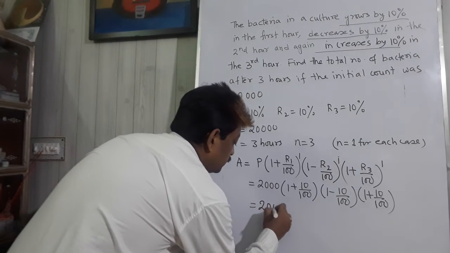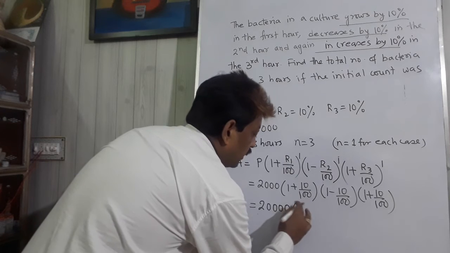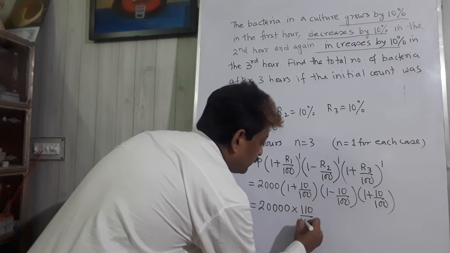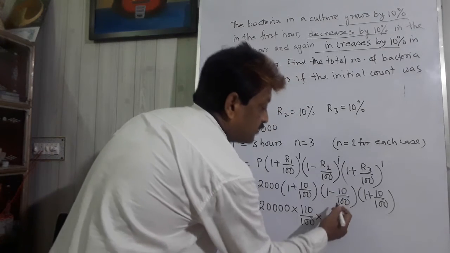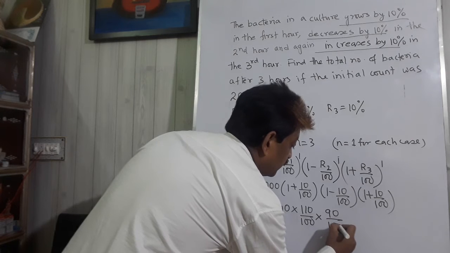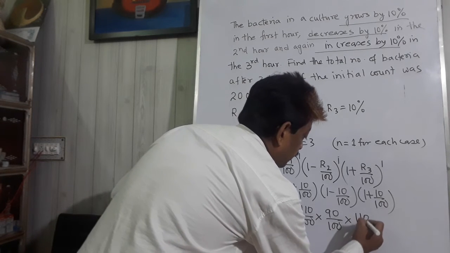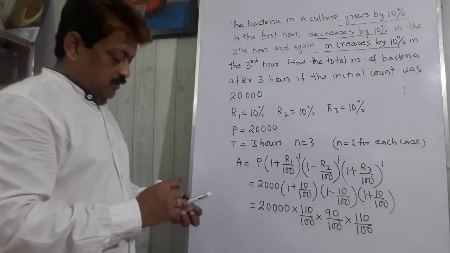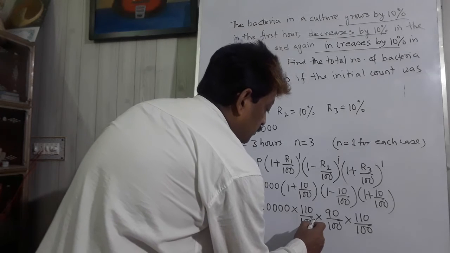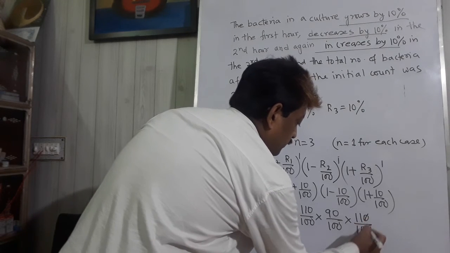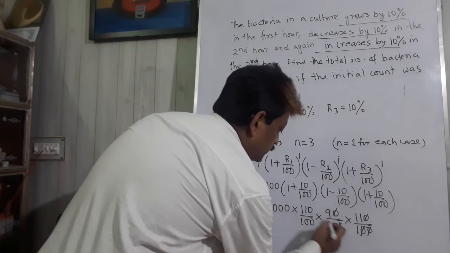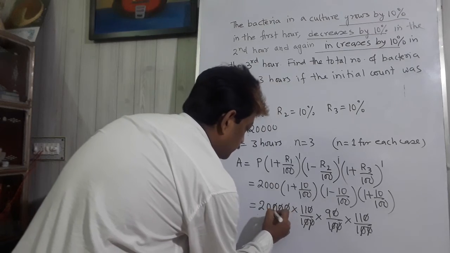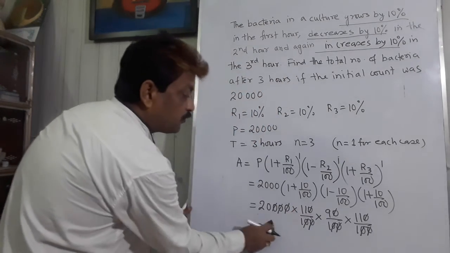Therefore 20,000, but after LCM it will be 100 plus 10, that is 110 by 100. It will be 100 minus 10, that is 90 by 100, and this one will also be 110 by 100. Okay, so many zeros to be cancelled. So I am starting from here. Cancelled, cancelled, this zero is cancelled, 2 more zeros are cancelled. So what are the things we have to multiply?